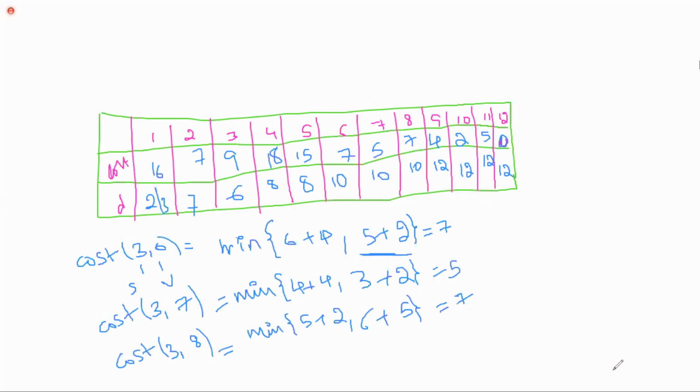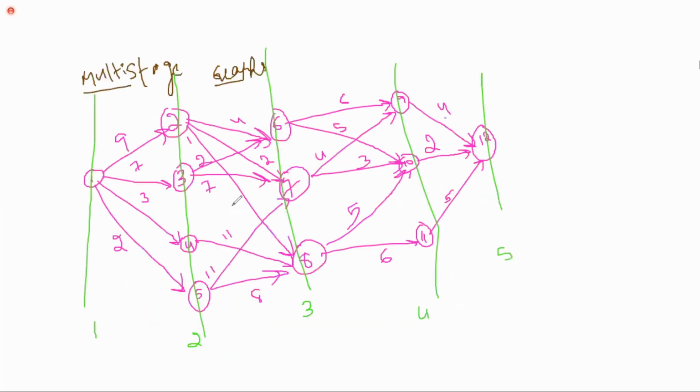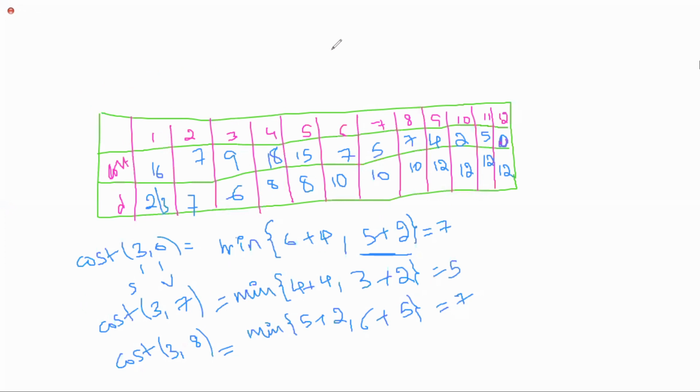After constructing the table, how can we get the minimum path? We'll see now. First we start with the first vertex. I'm writing the path here with a different color pen. I'm starting with 1. From 1, I can reach either 2, this is one path, or 3.